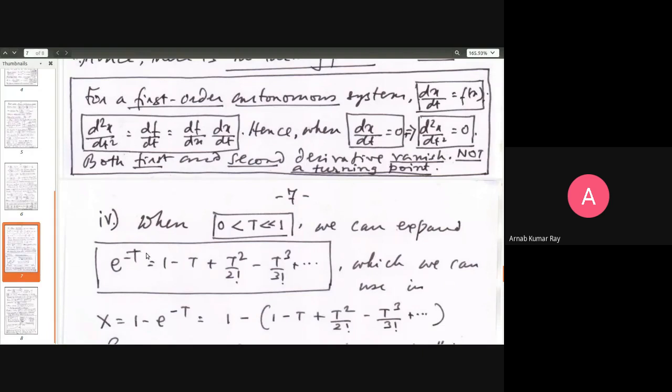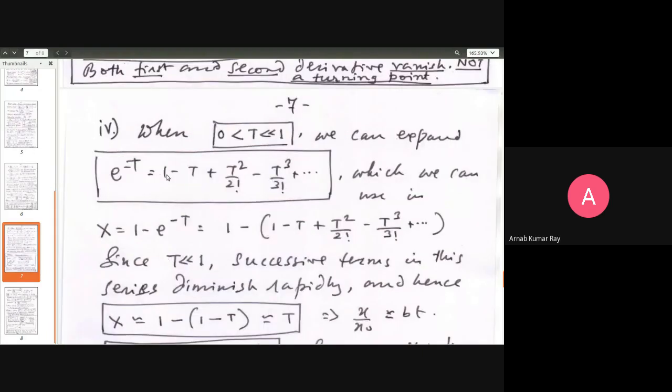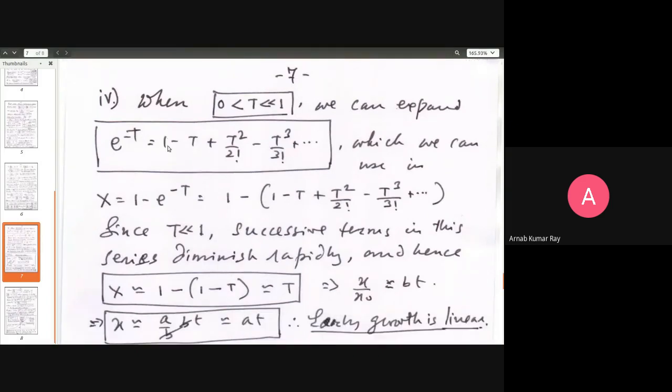Now, if we look at it as capital T, I've written this thing over here: 1 minus capital T plus T squared by factorial 2 minus T cubed by factorial 3, etc. If T were to have a physical dimension, let us say length, then what will you have in this exponential series? 1, which is dimensionless, minus this thing will have the dimension of length, plus this will have the dimension of area, then subtract, this will have the dimension of volume.